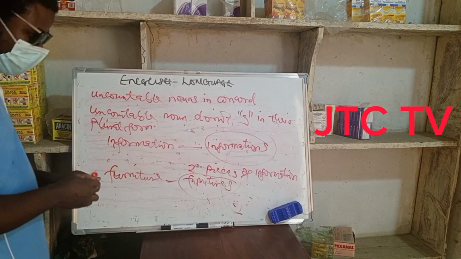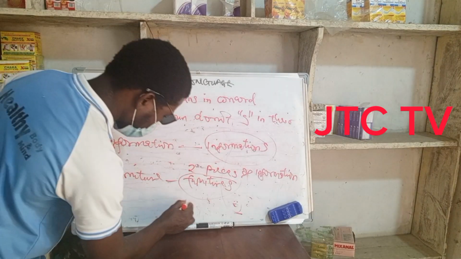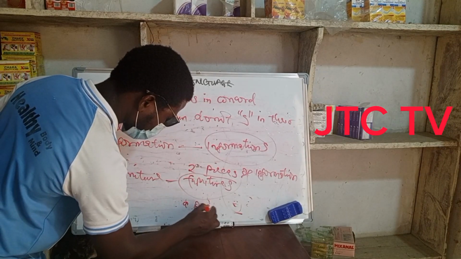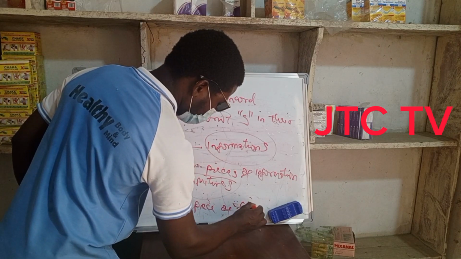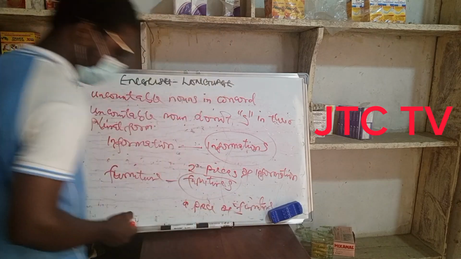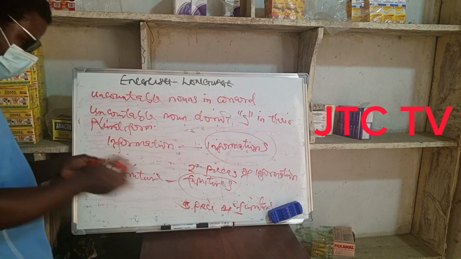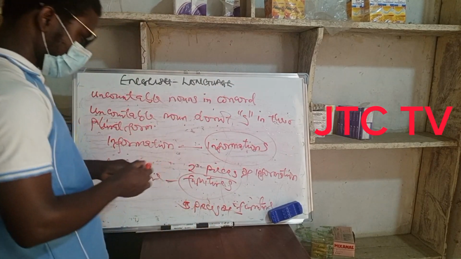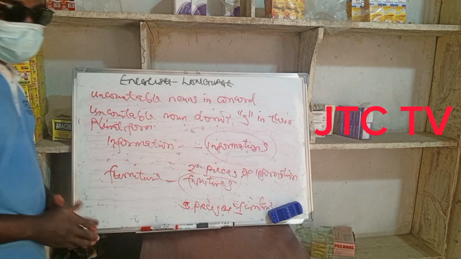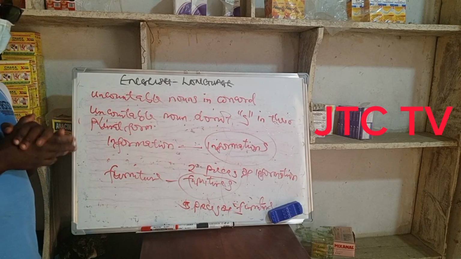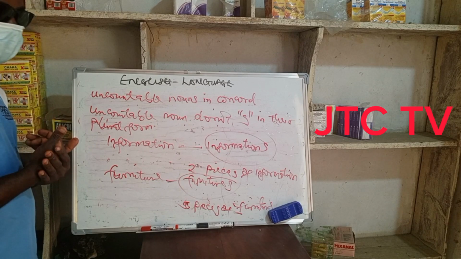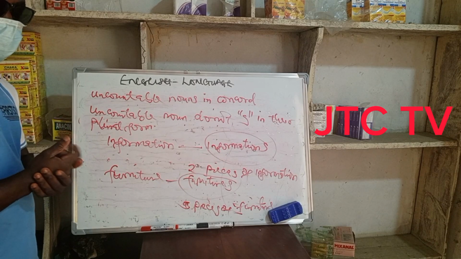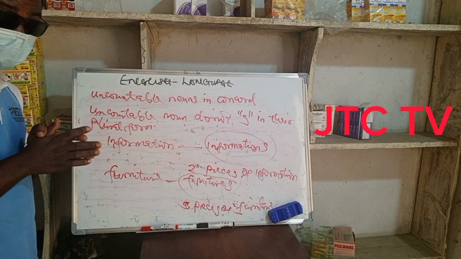It's wrong. Instead, a piece of furniture if it is one, or 5 pieces of furniture. So take note of this. Uncountable nouns do not take X at the back in their plural form. It is wrong for you to do that.